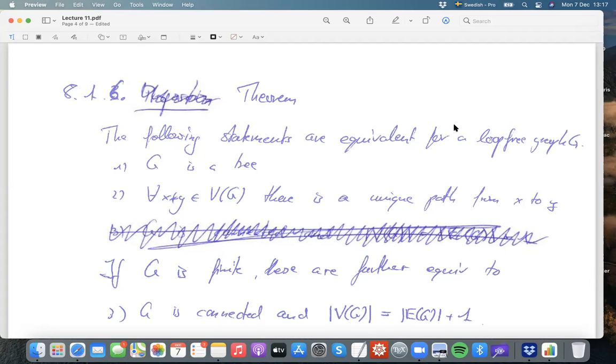One of the special properties is that for any two vertices in a tree, which is a connected graph, there should be a path connecting them, and this path is unique. Since there are no cycles, you can only choose one single path connecting any two vertices.